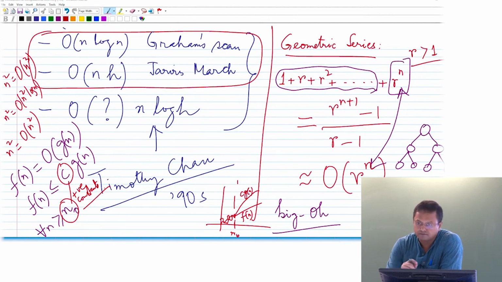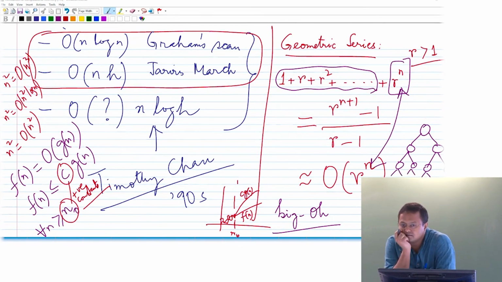Now, you understand? Okay. Now, you look at this binary tree. How many leaves are there? You are looking at a geometric series like 1, 2, 4, right, and that is the story. This dominates this sum, right.